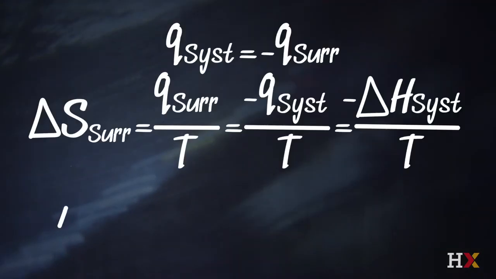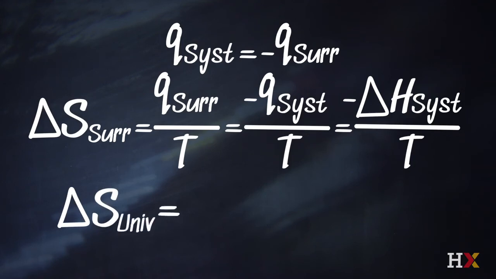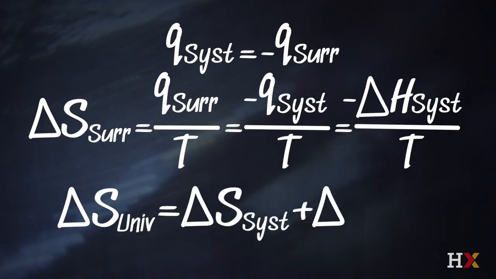So let's write our second law, which is to say the change in entropy of the universe is equal to the change in entropy of the system plus the change in entropy of the surroundings. But now we have an expression for the change in entropy of the surroundings in terms of the system.